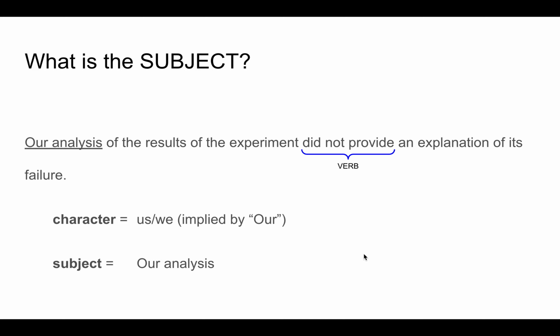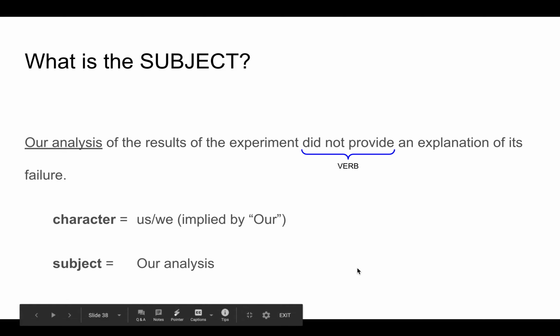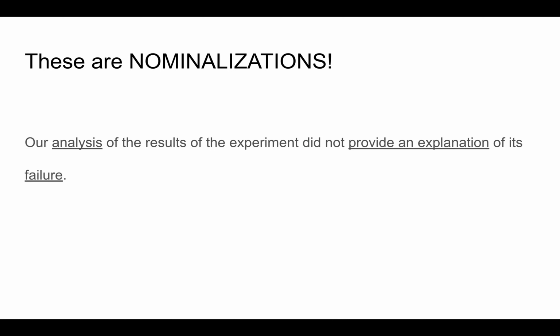No. It's our analysis. The analysis that we did not provide an explanation of the experiment's failure. Okay? So our analysis is the subject of the sentence, but the analysis isn't the character. We are the character. Characters typically are people or animals, things that can perform an action. The action in this case is analysis, and we are the ones who did the analysis. So again, those don't match.